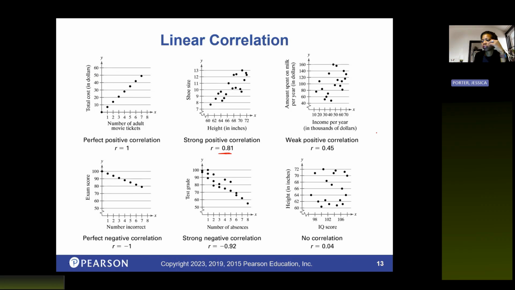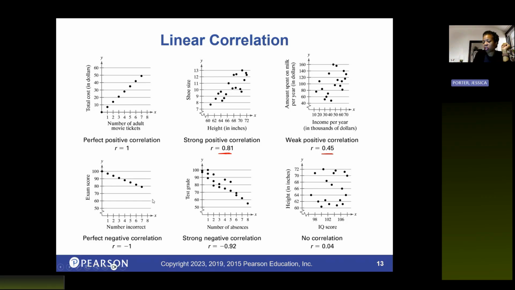It's 0.81. Notice 0.45, you're getting closer to 0, right? So my points are becoming a little more scattered. I can still tell that I'm increasing from left to right, but again, I'm getting close to 0. So my points are a little farther off from what a perfect correlation would be.